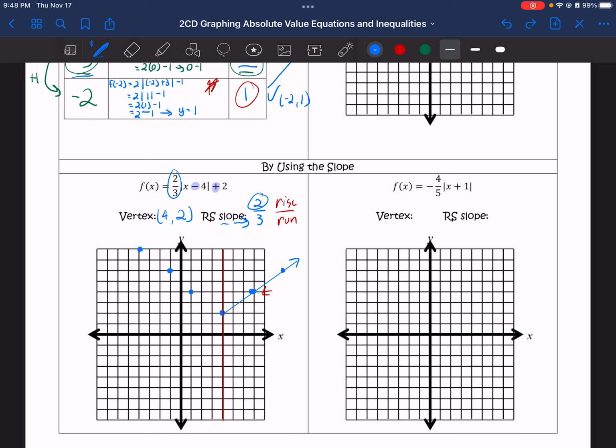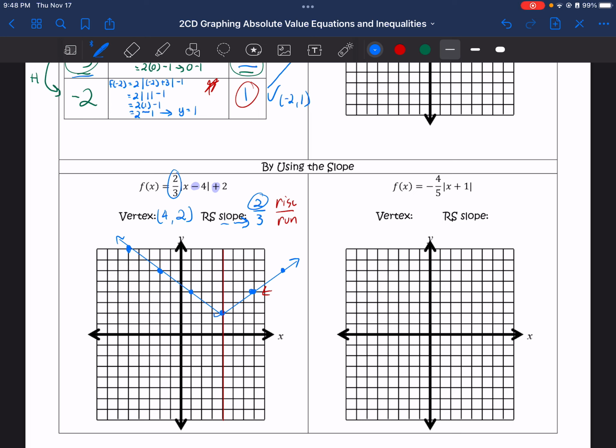Oops, I messed up one of my points. So technically, our graph should look something like this. So as you see, we have a perfect symmetrical graph.